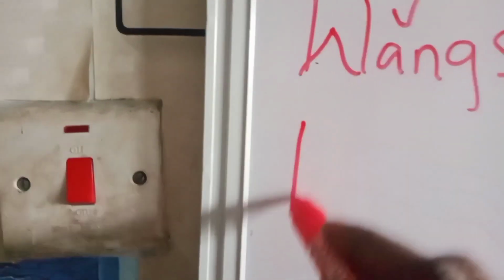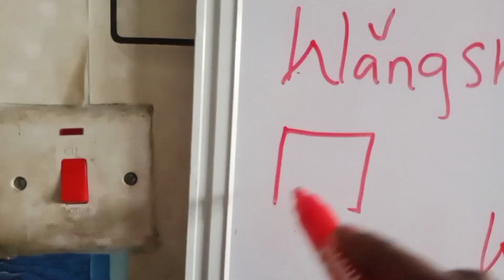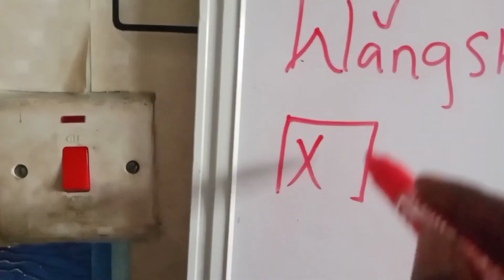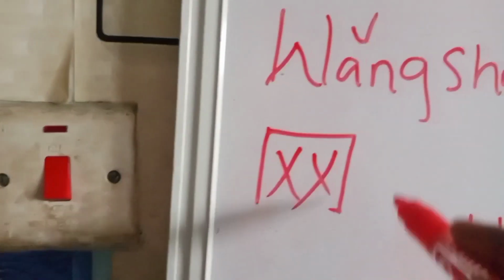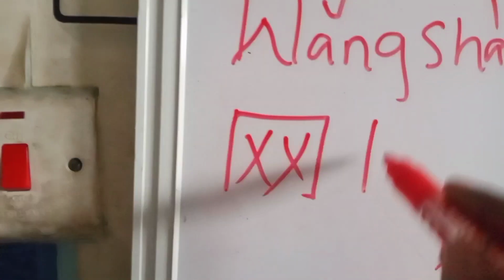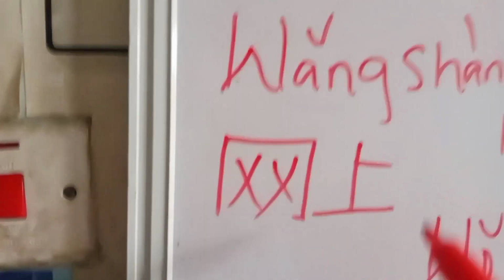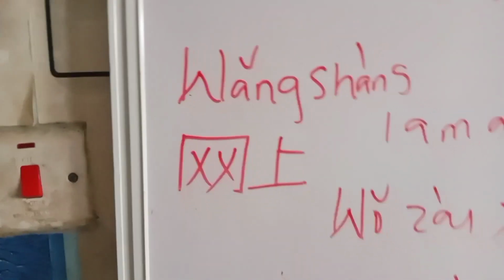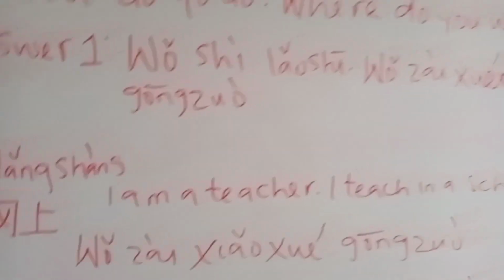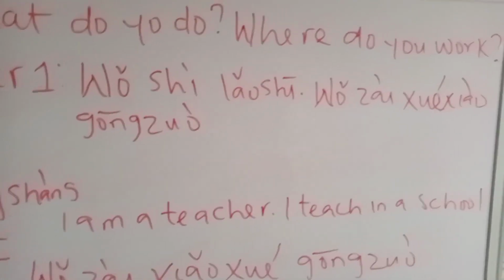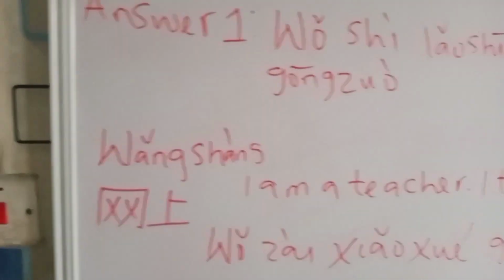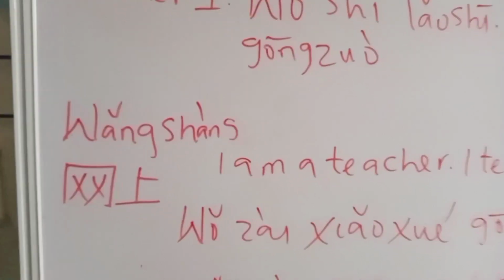And this is the character for 网上. And this is shang. So this is 网上. So if I am to answer this question, after saying 我是老师, I will say 我在网上工作.